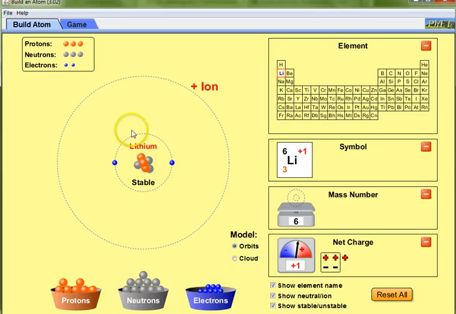It has the inner orbital, the K orbital, completely filled, and the L orbital is empty. It doesn't matter if it has a charge or not, the charges are only for neutrality. The stability of atoms actually comes from the filled orbitals. If the orbitals are fully filled, then the atom is going to be stable, otherwise it's not going to be stable. That's the bottom line of this experiment.